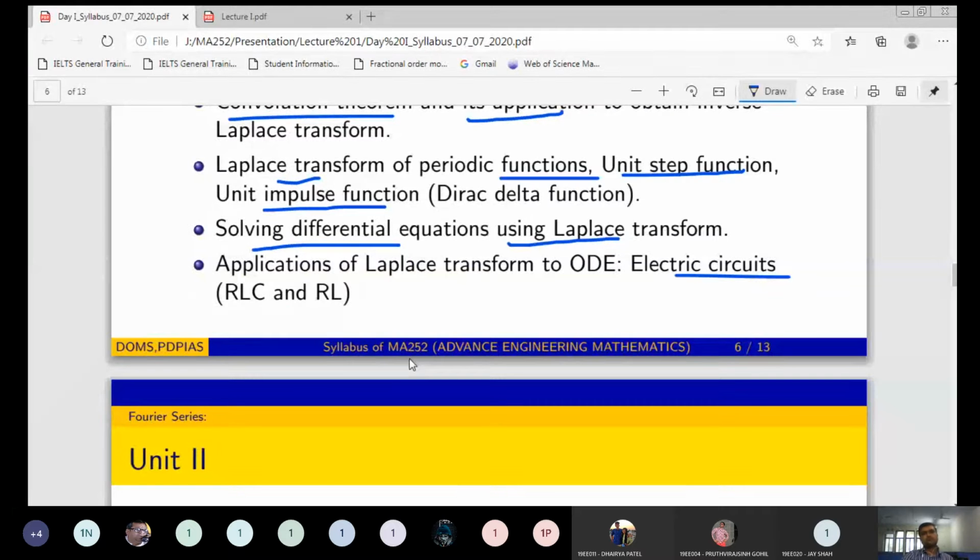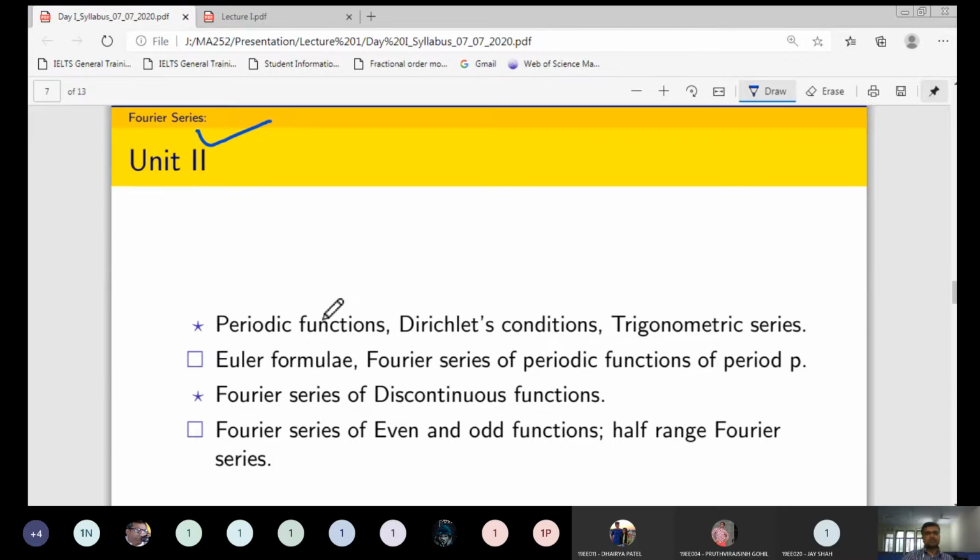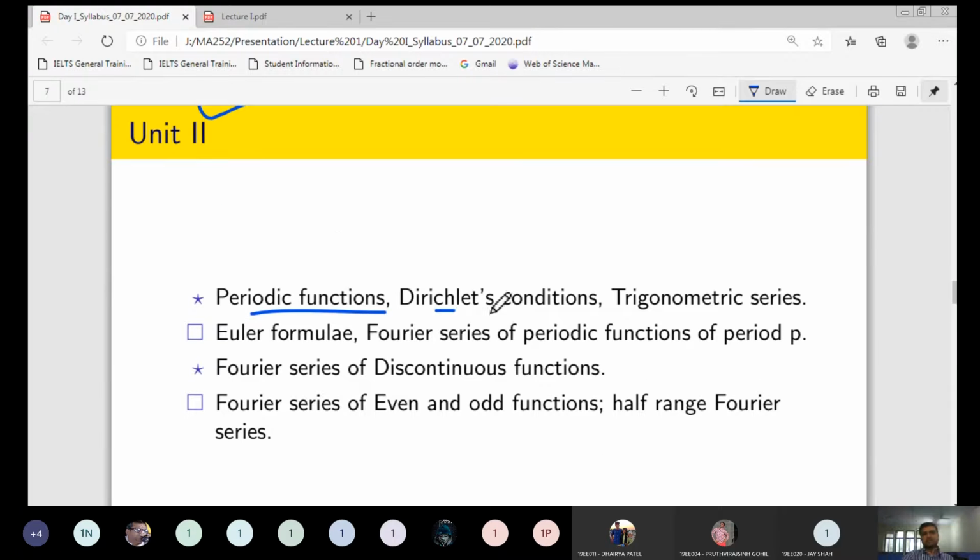Then we go to Fourier series, unit number 2. Fourier series is an extension of ordinary series; you have learned about series and sequences in Engineering Mathematics 1, and this is the extension of that. We discuss the series form of periodic functions, Dirichlet conditions, and trigonometric series.